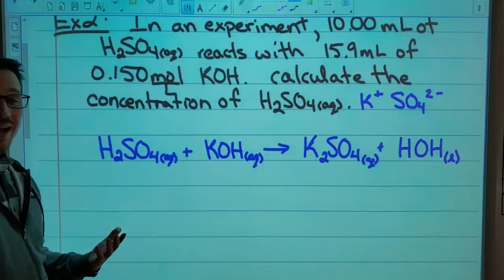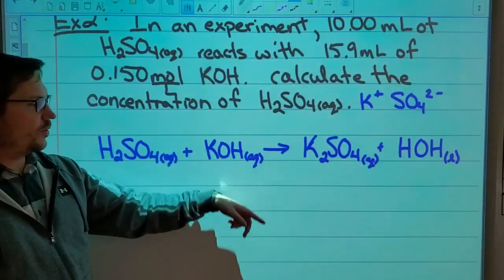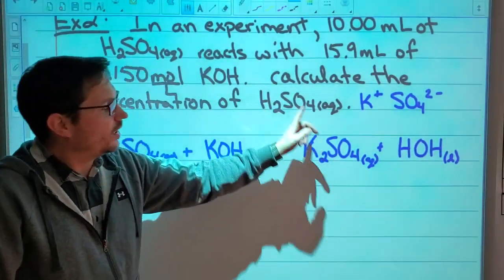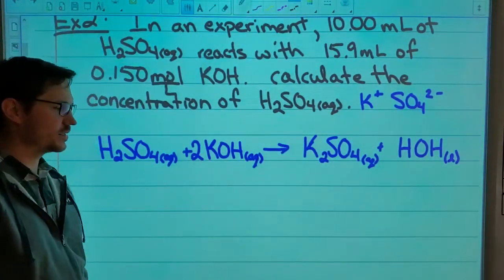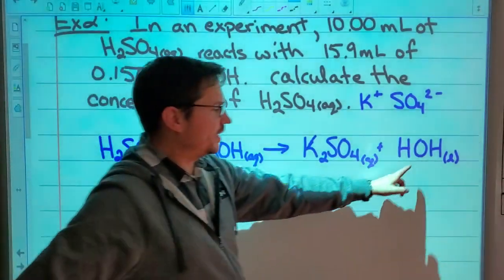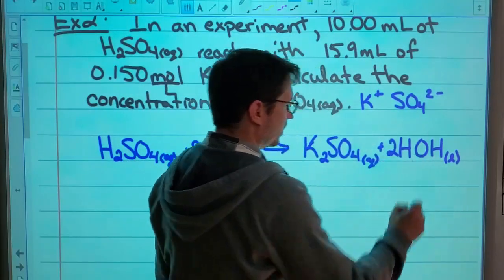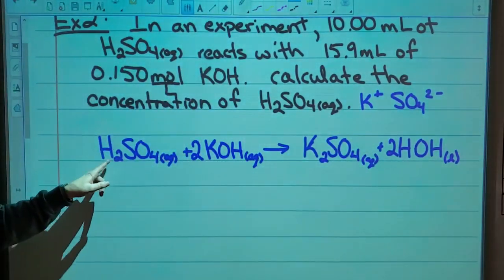Okay, let's go ahead and balance this. So we see H2SO4 plus KOH gives you K2SO4. Well, I see 2 Ks, so we need 2 Ks. But there's 2 OHs, so we need 2 OHs. And 2 beginning hydrogens, well, we have 2 beginning hydrogens.